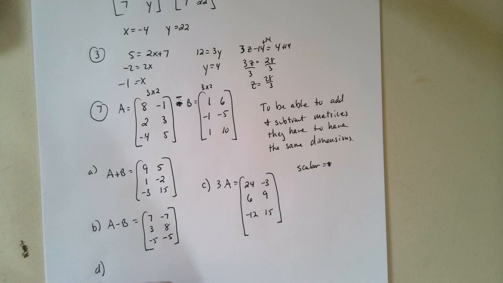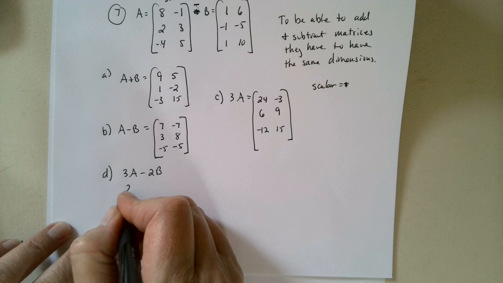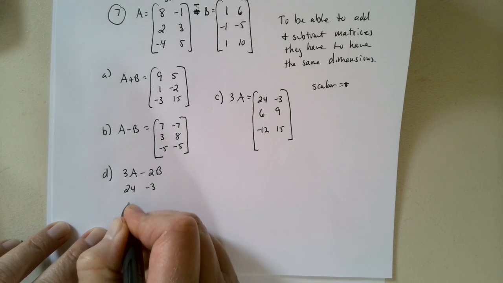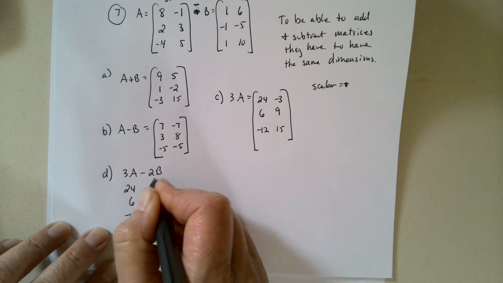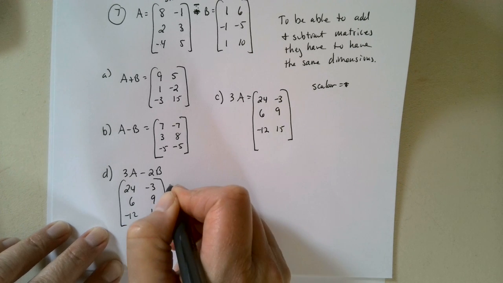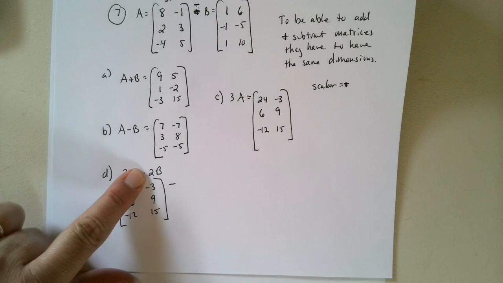Now for part D, they want us to take 3a and subtract 2b. I know that I just found 3a is 24, -3, 6, 9, -12, and 15. And I want to subtract. Here, I'm going to leave the subtraction and just distribute the 2.